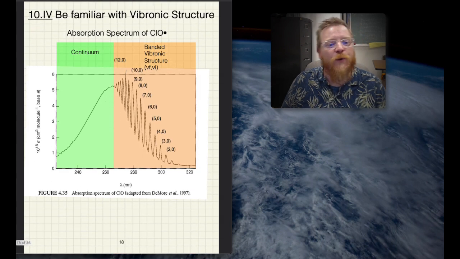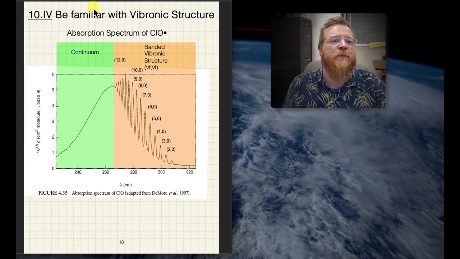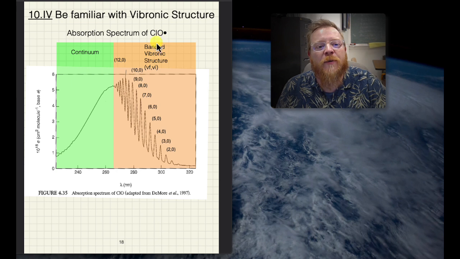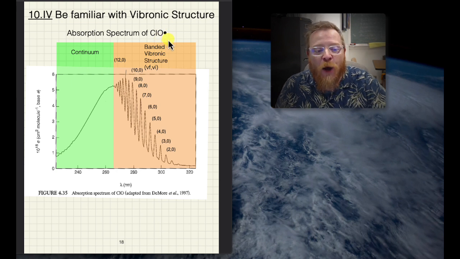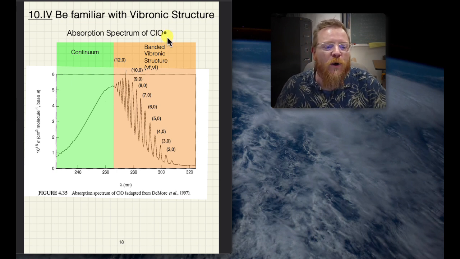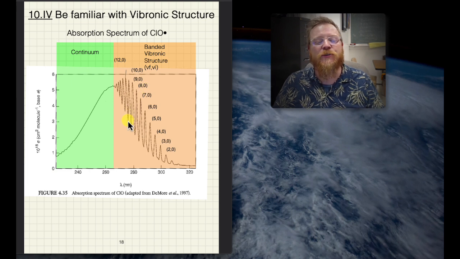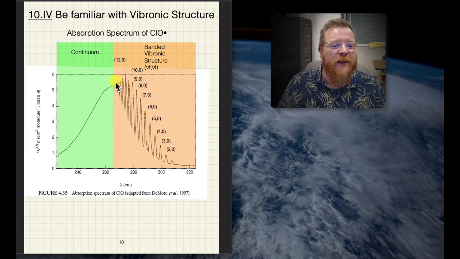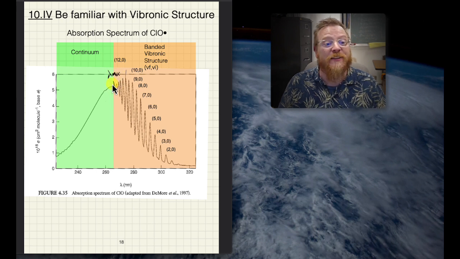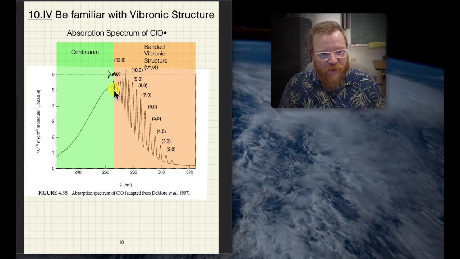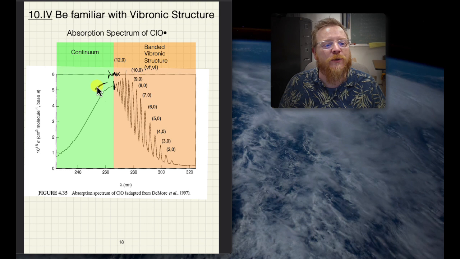So I'm going to share with you one of my favorite UV-Vis spectra. This is a spectra of the hypochlorite radical ClO. This is so cool because it's one of these spectra that just so happens to be where the lambda max occurs right at the top of the vibrational levels. And so as we go to higher levels, we get continuum absorption.